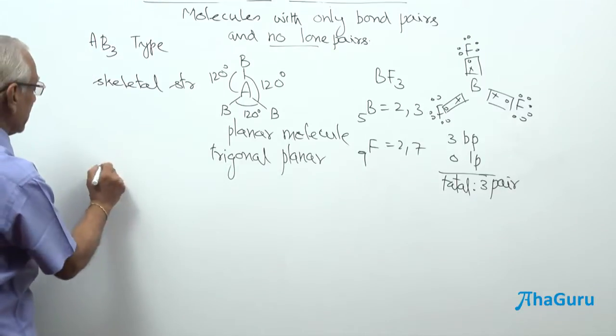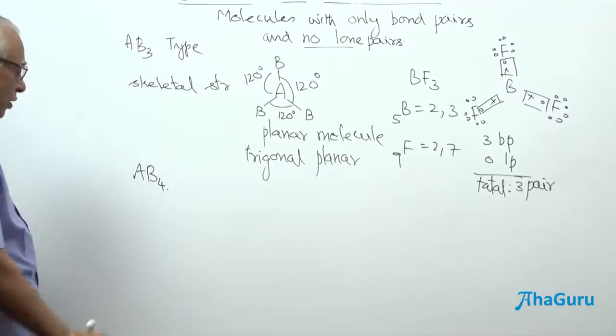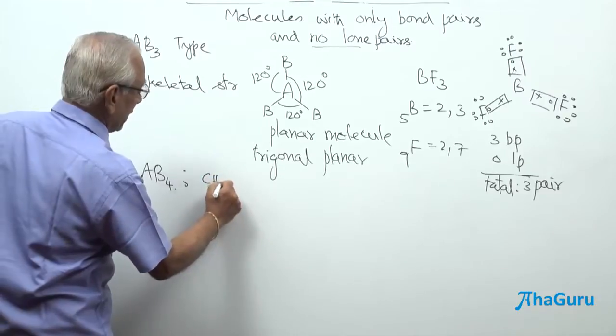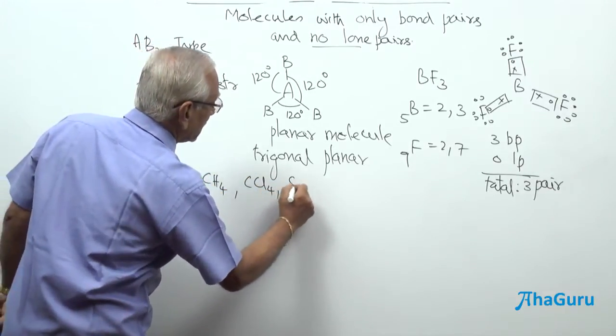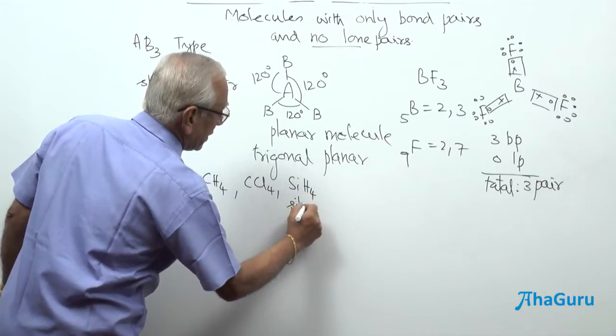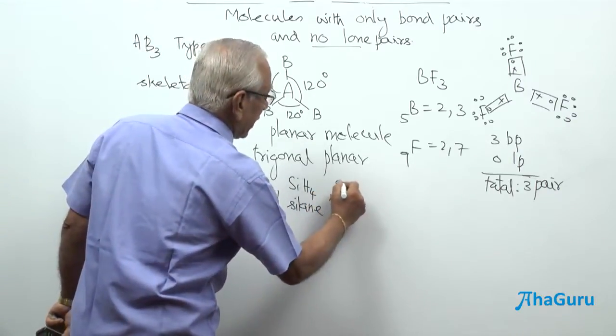Maybe I shall extend it to AB4 molecule. I can give you examples of methane, carbon tetrachloride, silicon hydride, it is called silane, or it could be silicon tetrachloride.